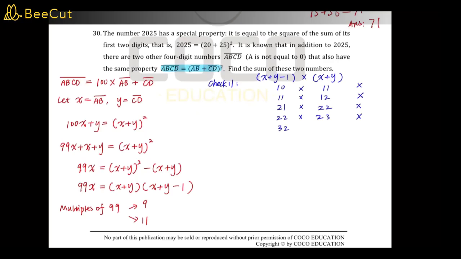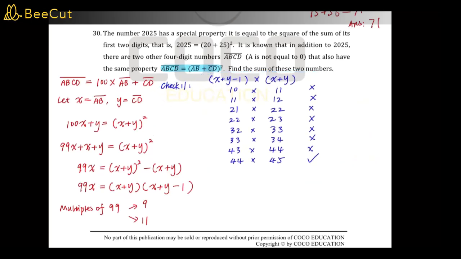So 32 times 33, 33 times 34. Again, they are not divisible by 9. Next multiple of 11 is 44. So we get 43 times 44, 44 times 45. So we have found the first group. 44 times 45 is divisible by 11 and 9 at the same time.